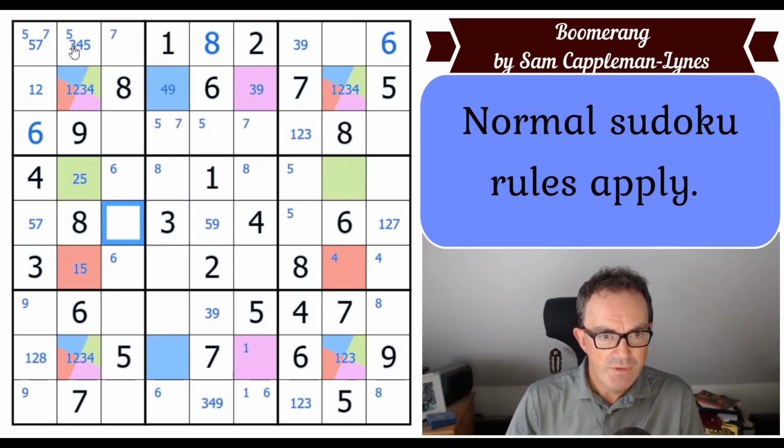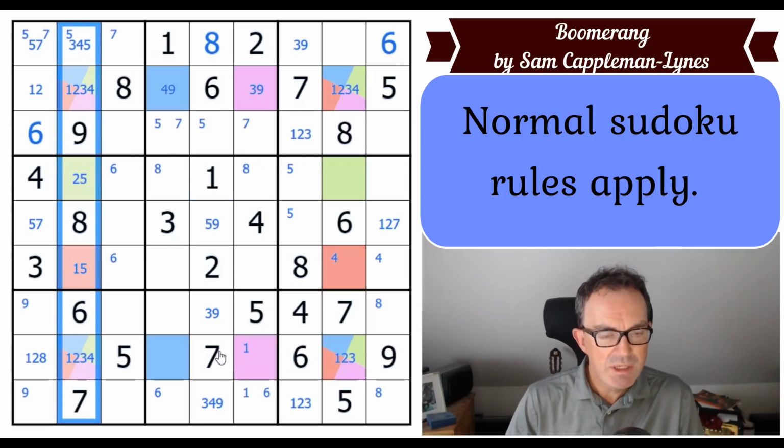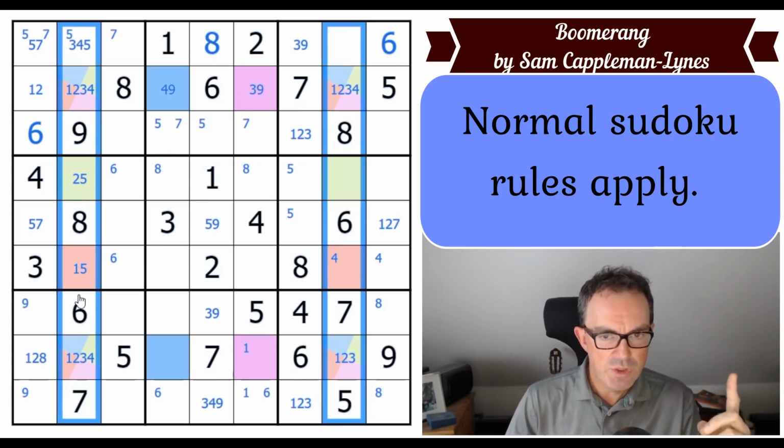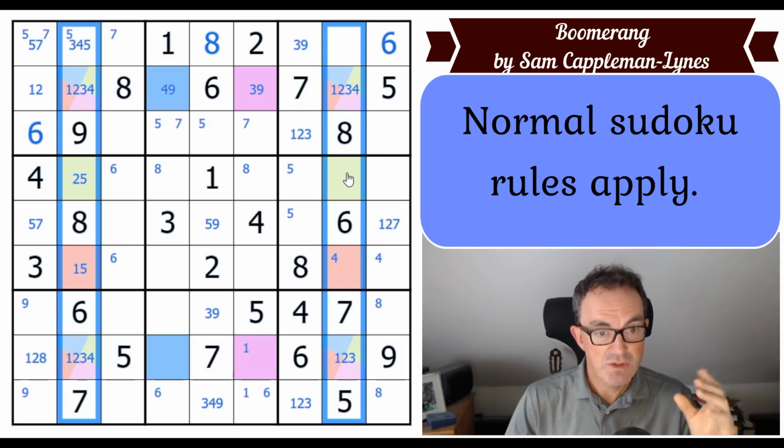So think about column 2. How many 1s are we anticipating putting into column 2? Well, the answer is exactly 1. How many 1s are we thinking of putting into column 8? The answer is exactly 1. So we know in column 2 and column 8 there are exactly 2 digits 1.